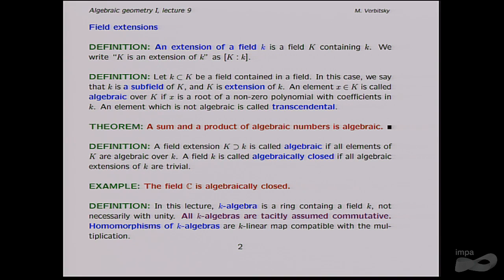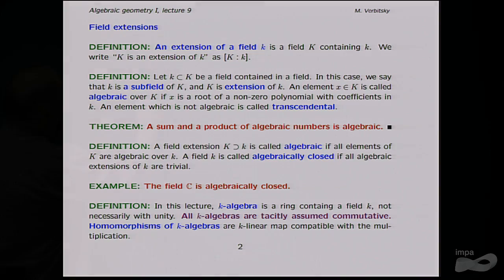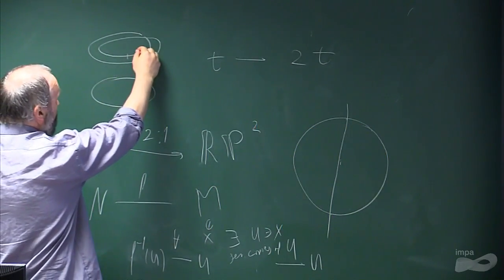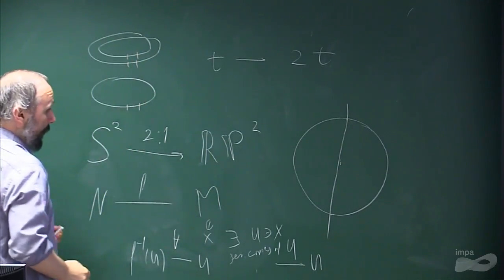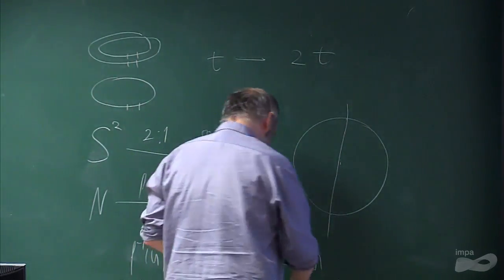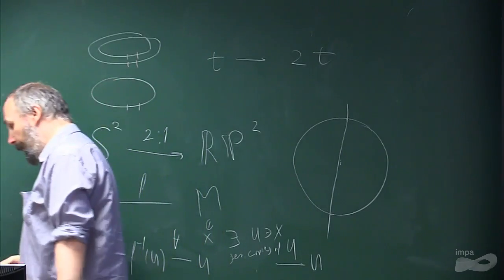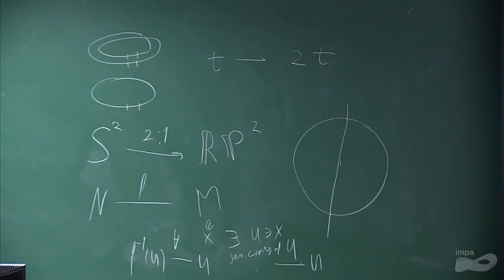Globally it's a circle, this is a circle, but locally for each point there is an open neighborhood such that its preimage is 2 copies of this neighborhood. And you can check this for a sphere and for other examples of coverings.